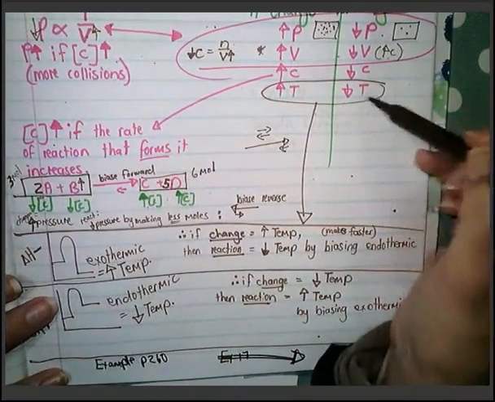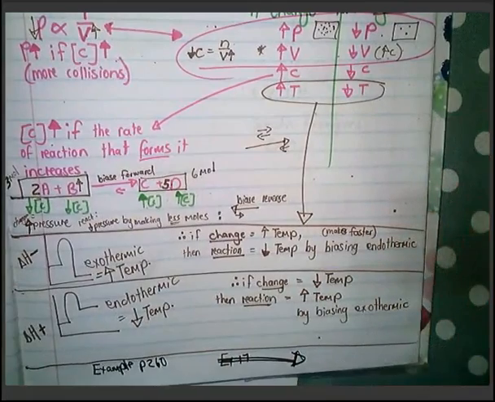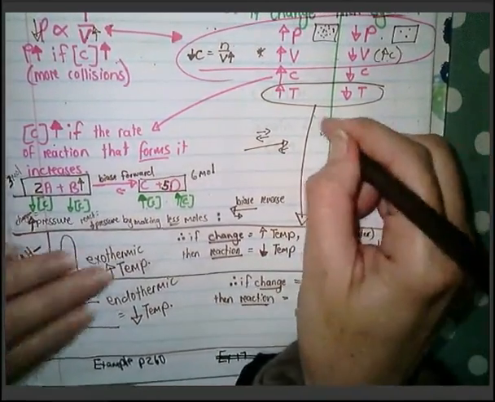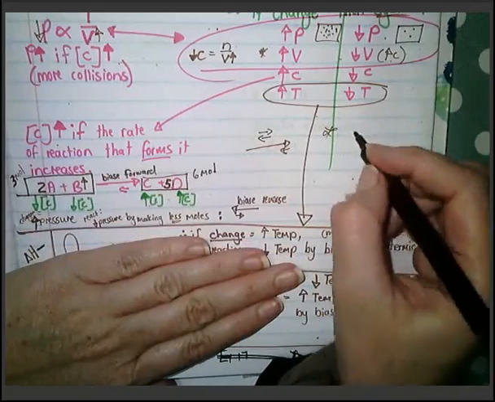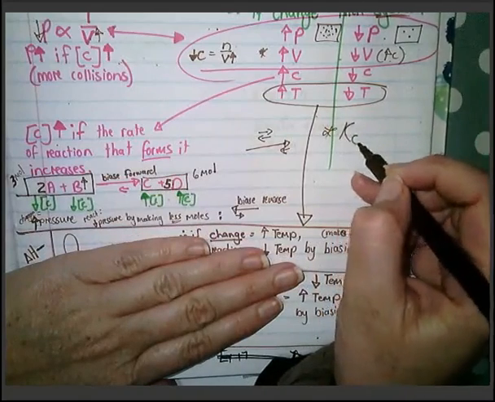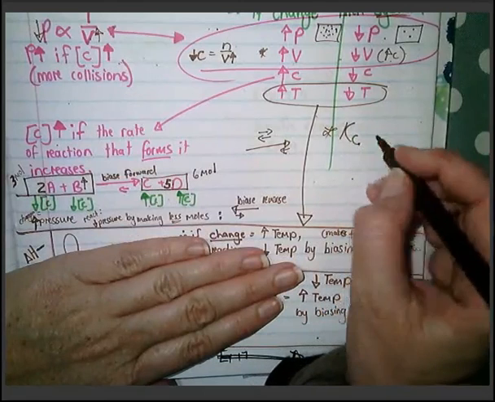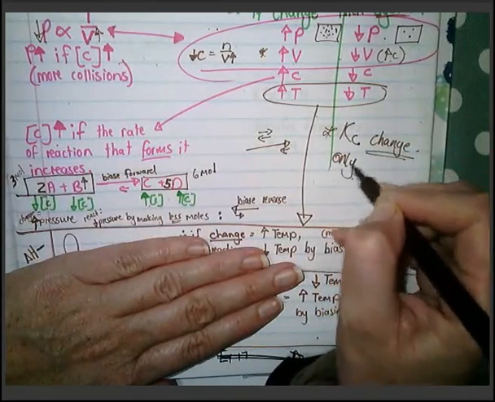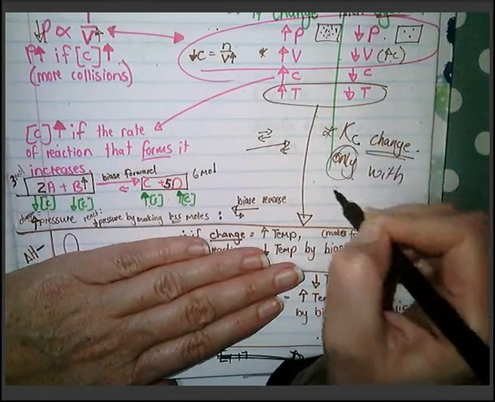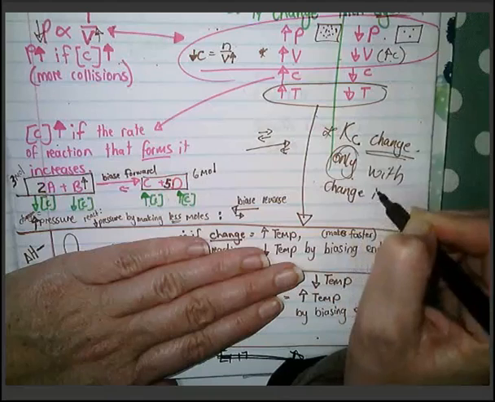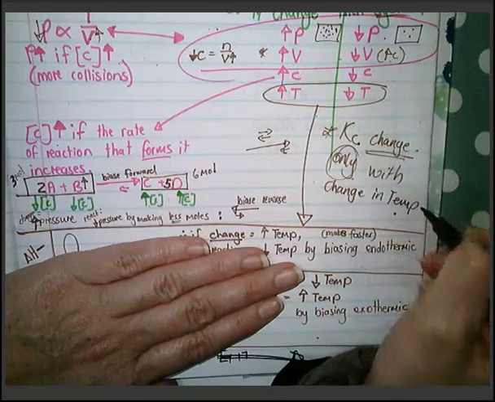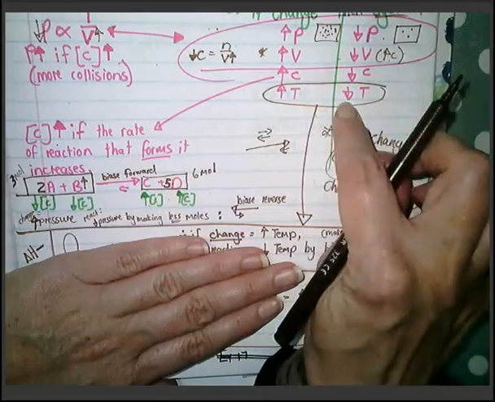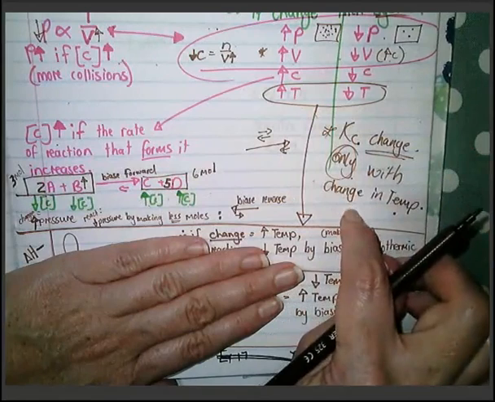So for change in temperature, you need to know that in the first place, before I even go here, you need to just remember that a Kc value, you know now how to calculate Kc values, changes only with change in temperature. So if you had one Kc value and the temperature changed, then the Kc value is going to change.